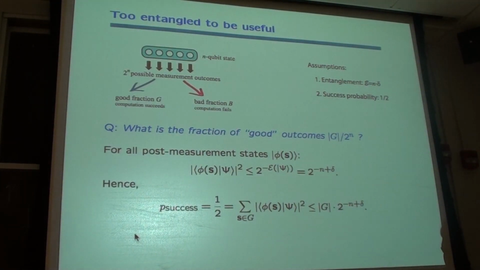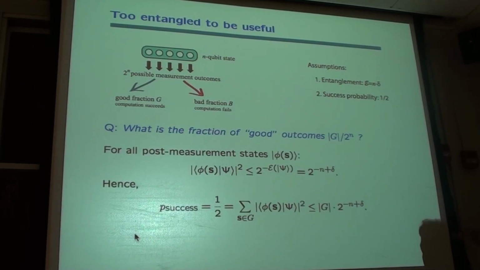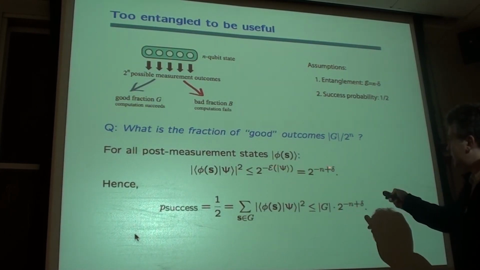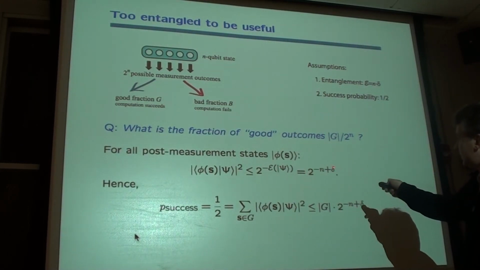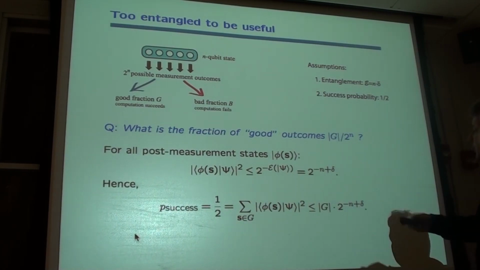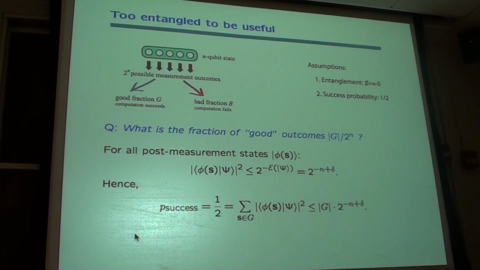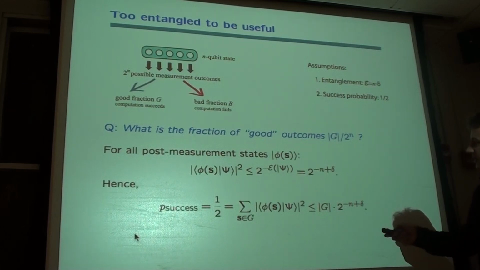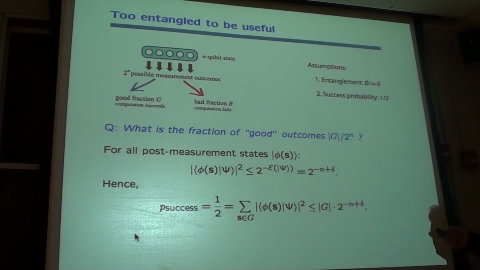Okay, so what we now do, and here the entanglement measure amounts to this, by our assumption that the entanglement was almost maximal. Then, the success probability of the computation, which we assume to be 1/2, is the sum of this probability for an individual outcome over all the good outcomes.